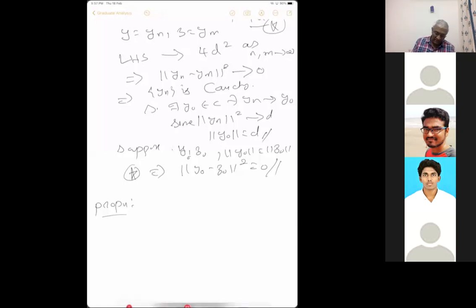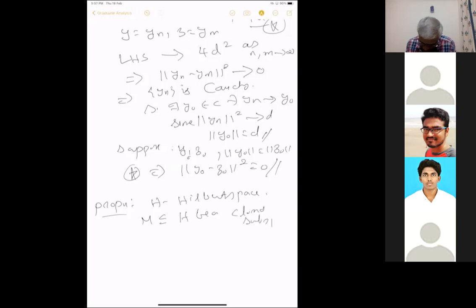So we have a Hilbert space, and let M contained in H be a closed subspace.